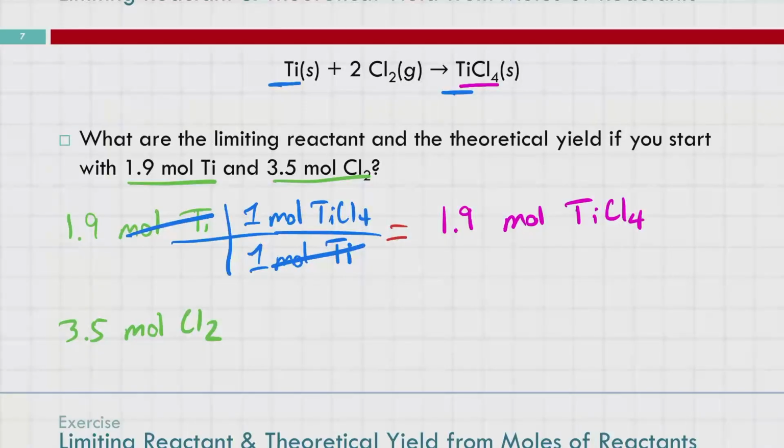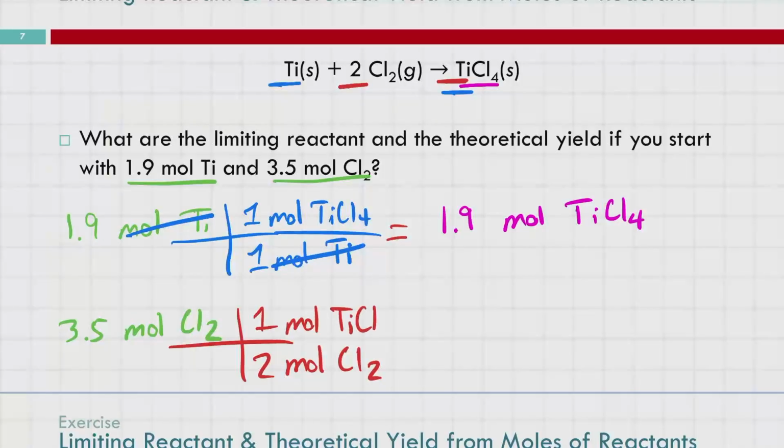We also need to do it for our Cl2. So we've got 3.5 moles of Cl2. Our ratio is that we put in 2 Cl2s and we get out 1 TiCl4. So our ratio is 2 to 1. So the 2 Cl2, we'll add the moles in there because I know some people like it. 2 moles Cl2 on the bottom and 1 mole TiCl4 on the top.